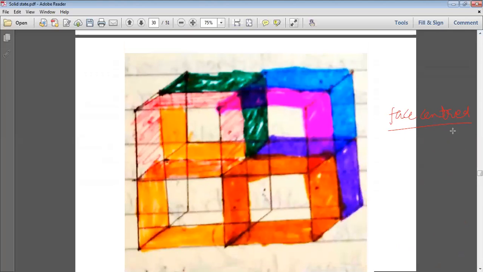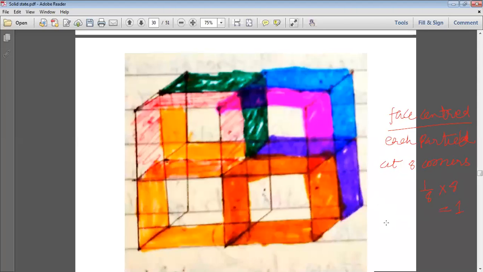In the face-centered cubic cell, we have 8 particles at 8 corners. Each particle at the 8 corners contributes 1 by 8, so 1 by 8 into 8 gives a total of 1 particle.